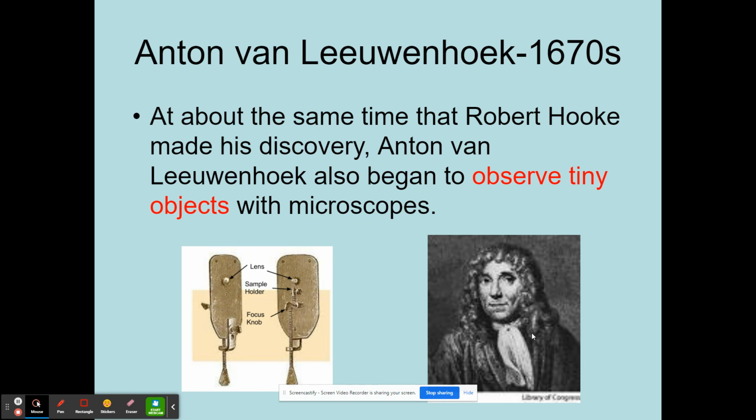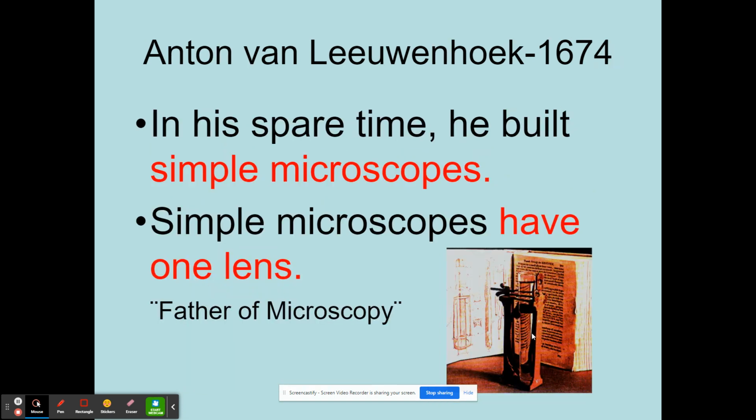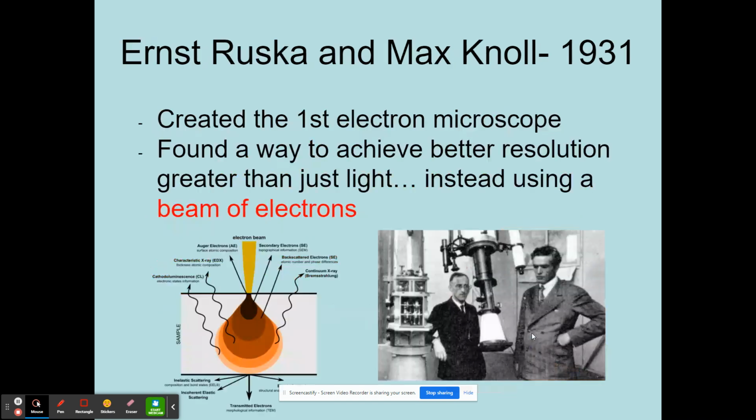He didn't know what they were, but he was able to see them with his simple microscope. It's funny, in his spare time he built simple microscopes. Simple microscopes have one lens, whereas Robert Hooke had two lenses. Sometimes Anton van Leeuwenhoek is referred to as the father of microscopy because of all the different types of microscopes he developed over his lifespan.